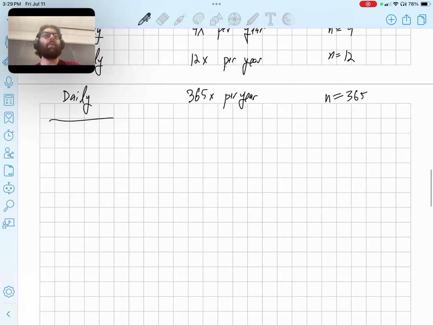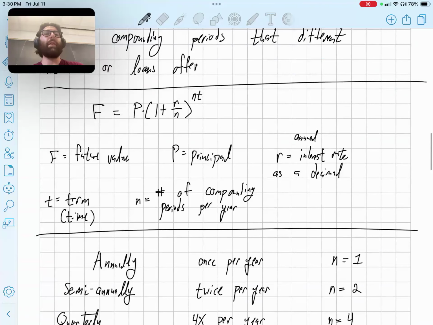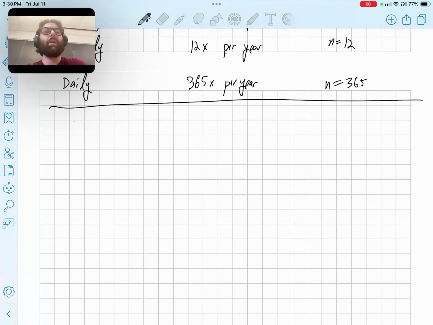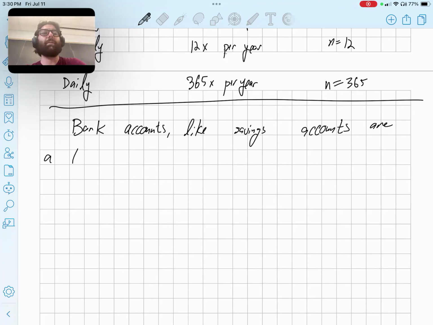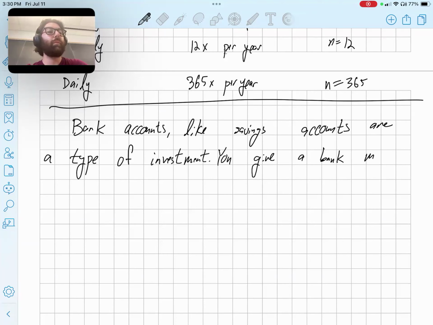And so before we do some examples of this, I just want to mention that bank accounts, like savings accounts, are a type of investment. You're giving a bank money, and they can use it.